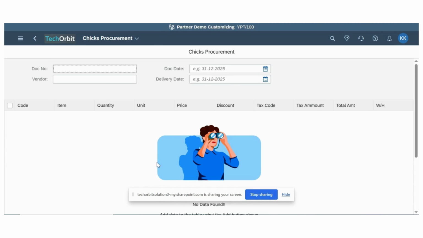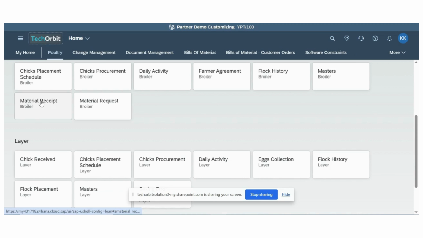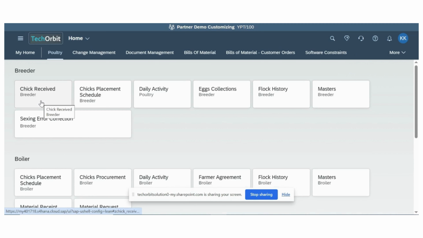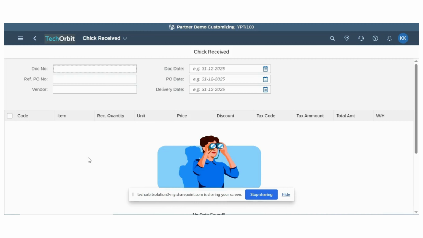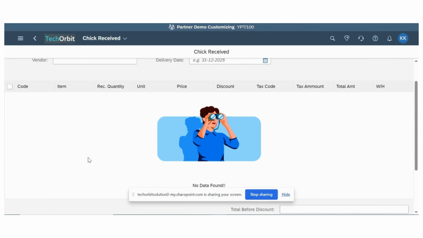Once we procure the bird, we have the chick receipt process, which is again a standard thing, like our MIGO. Chick receipt is nothing but MIGO for us.